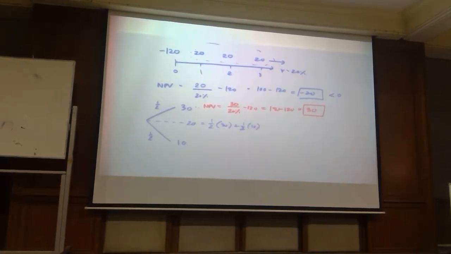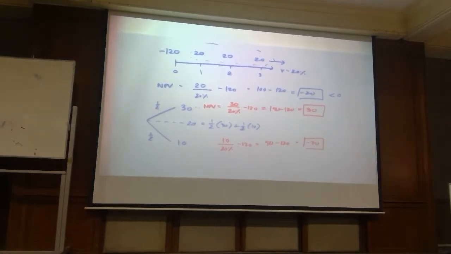That's one possible version of the world where our decision works out. It's also another version of the world where our decision doesn't really work out. In that case, our cash flow is only 10, discounted at 20%, same construction cost. So 50 minus 120 equals minus 70.